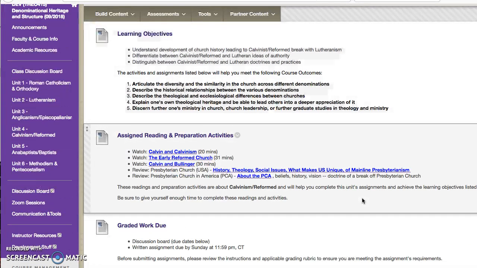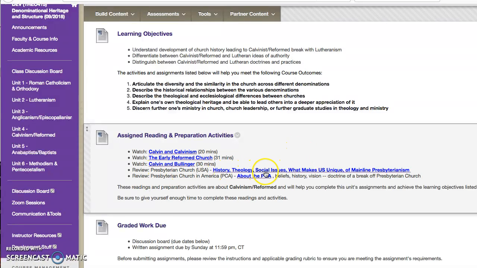Unit 4 focuses on the Calvinistic faith and the Reformed Church. So we have, again, some really great videos on Calvin and the development of the early Reformed Church, some differentiation between Calvin and Bullinger, who was Zwingli's successor in Zurich.